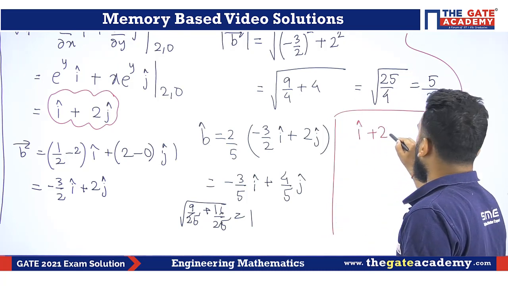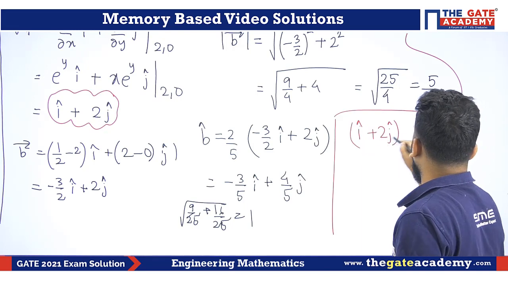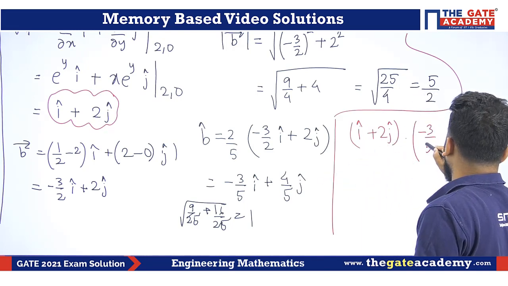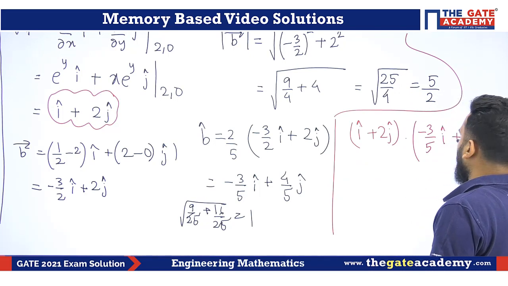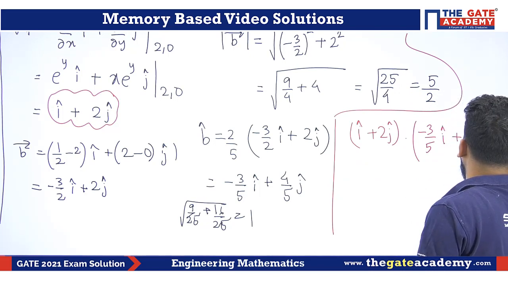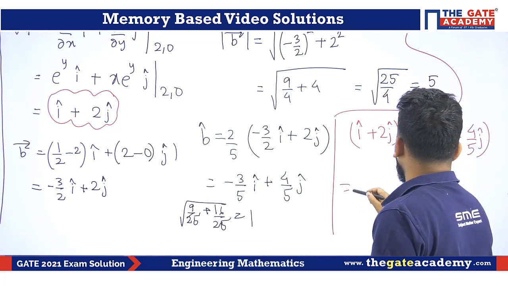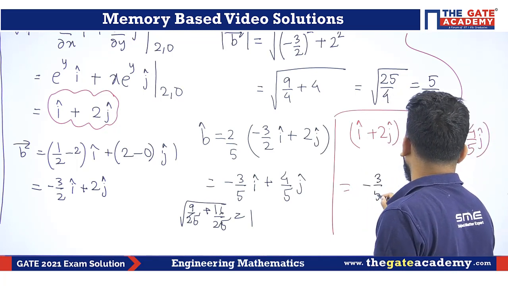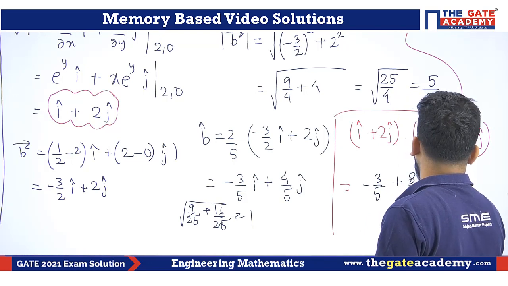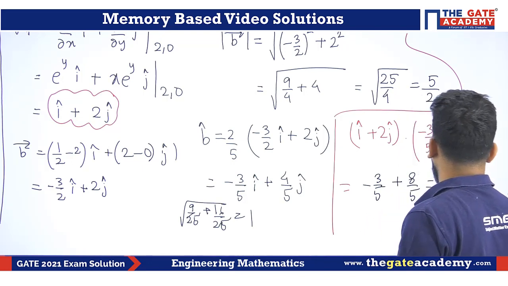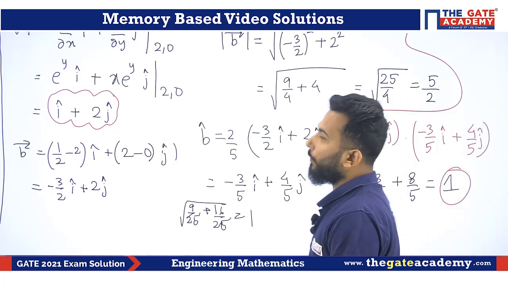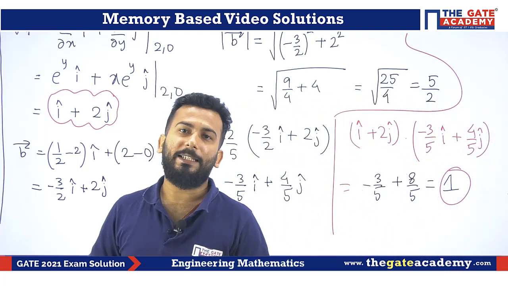I plus 2j dot product with minus 3 by 5 I plus 4 by 5j. Take the dot product. The dot product is what? Coming out to be minus 3 by 5 plus 8 by 5, and I think it's coming out to be 1. So the answer of this question is 1.